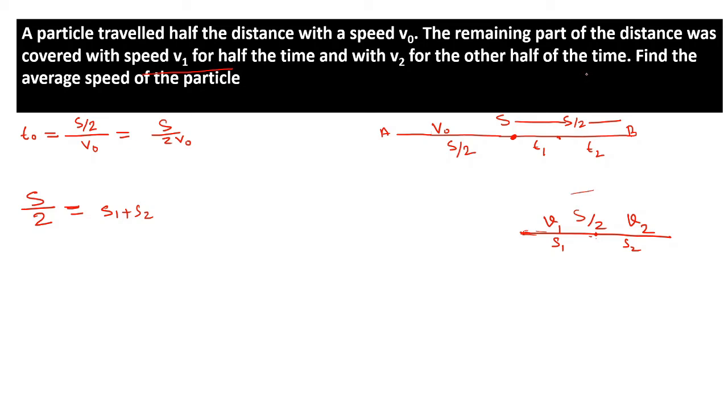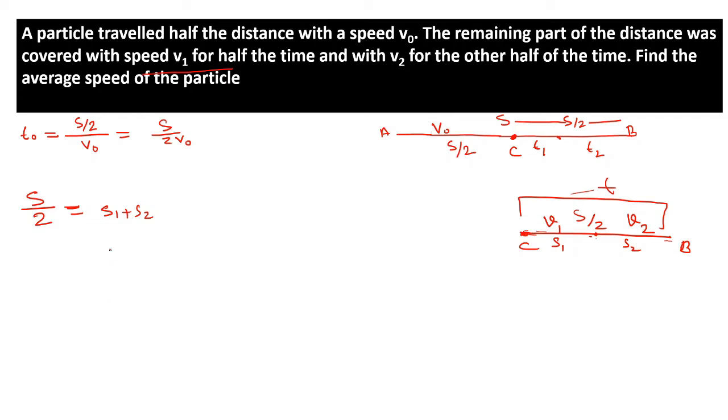So if I say the total time is t to move from this point, suppose C, to point B, the total time is t to move from C to B.